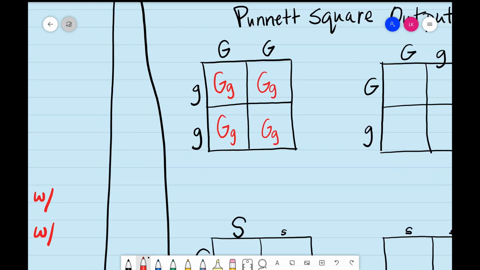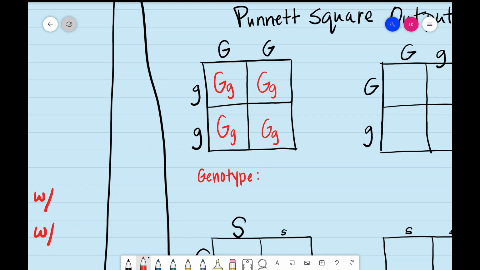Okay, although I didn't ask you to do this, let's talk about the genotype ratios. So if they have two capital letters, we call that homozygous dominant. If they have one of each, we call that heterozygous. And if we have two lowercase, we call that homozygous recessive. So the way that we organize our ratios is that first we start with homozygous dominant.